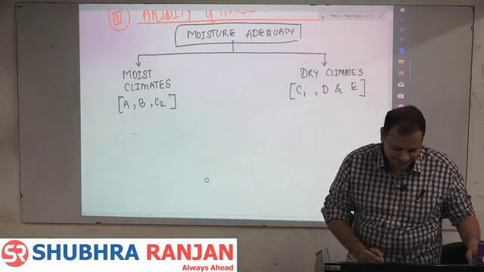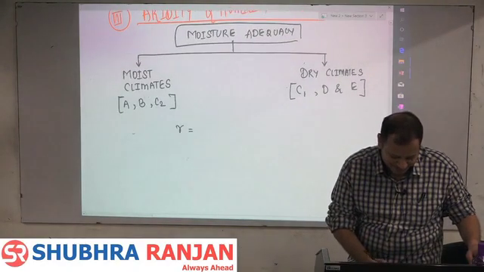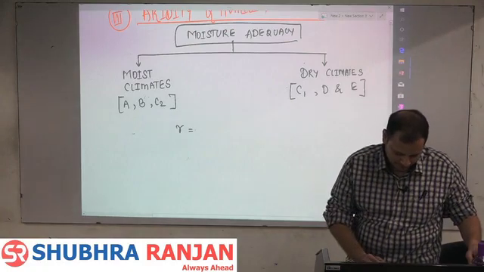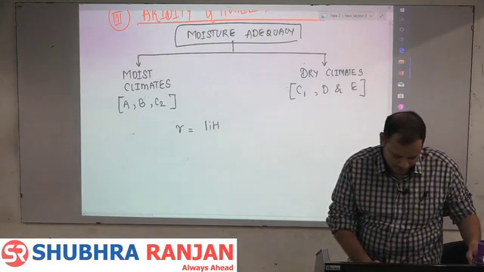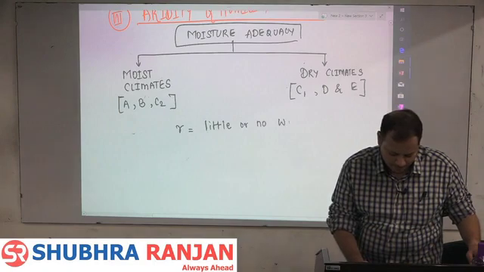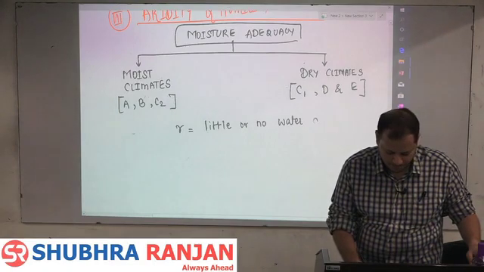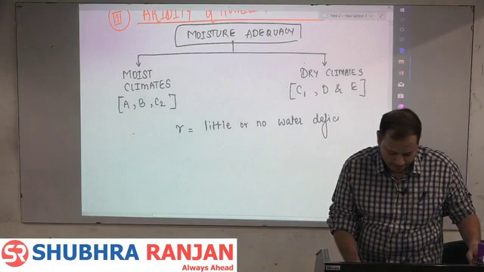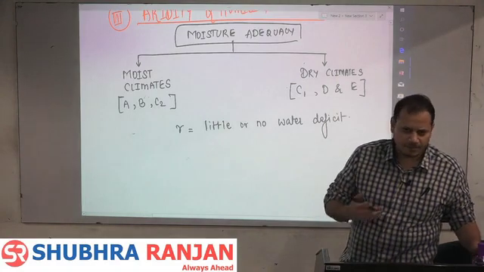Into 10 subclimatic types using following symbols. R, rainfall throughout the year.